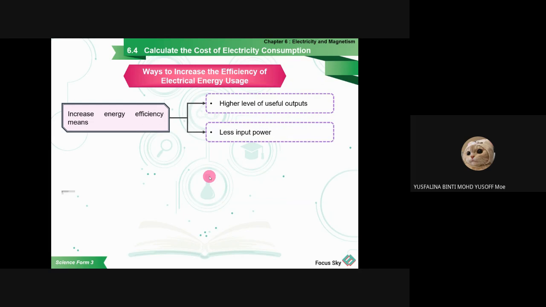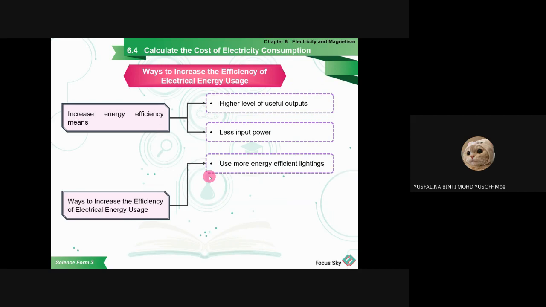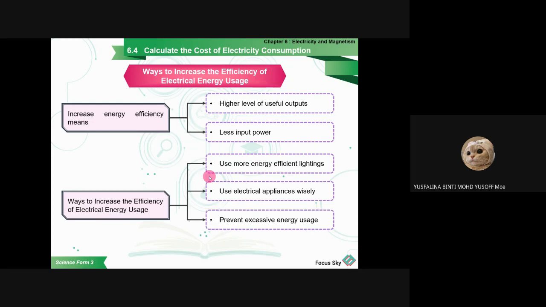Ways to increase the efficiency of electrical energy use: use more energy efficient appliances, use electrical appliances wisely, prevent excessive energy usage, and use air conditioning efficiently.